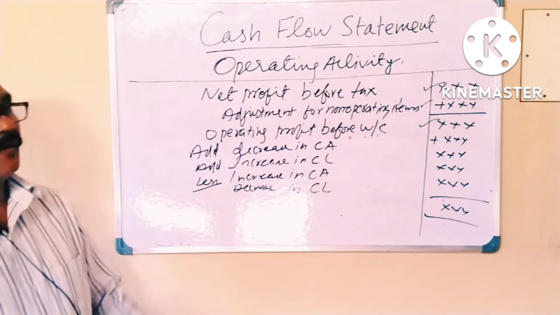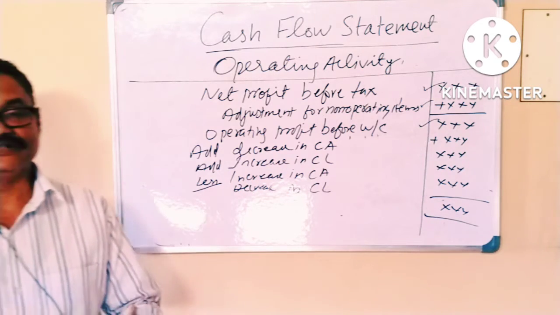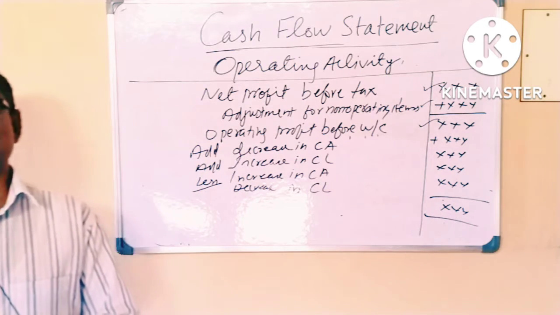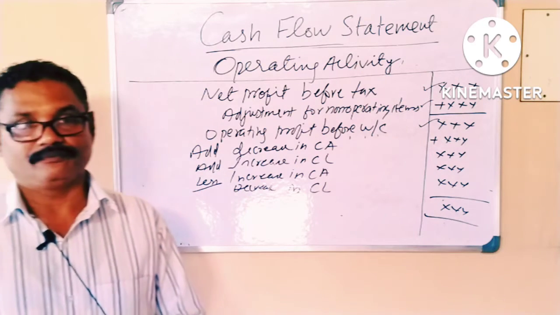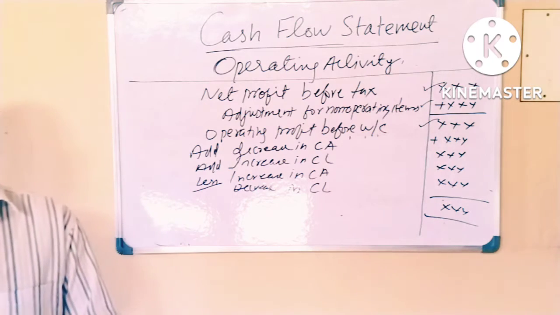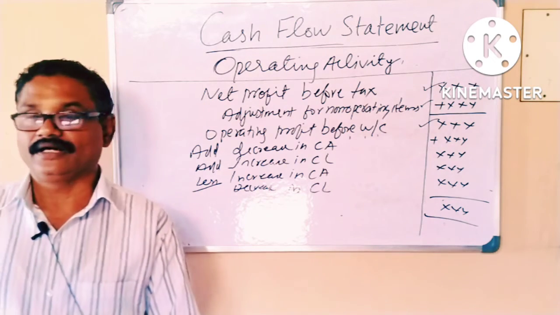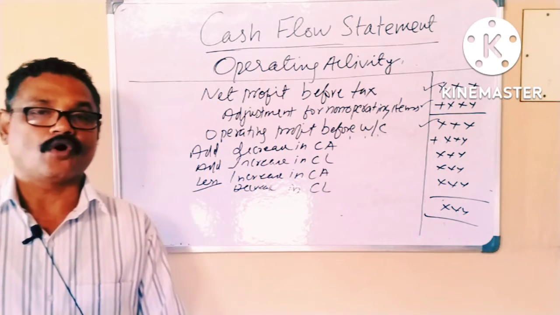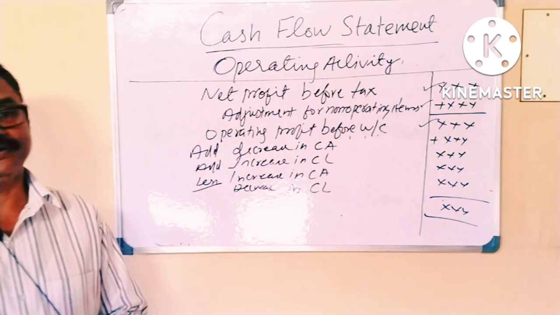Then there is current liability, which may increase. A liability that is to be paid within a short period of time, maximum within 1 year or within 6 months, is called current liability.